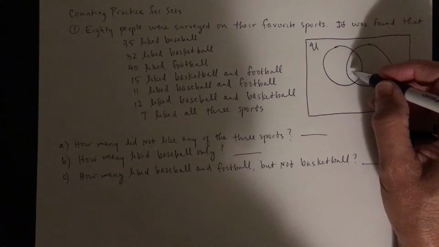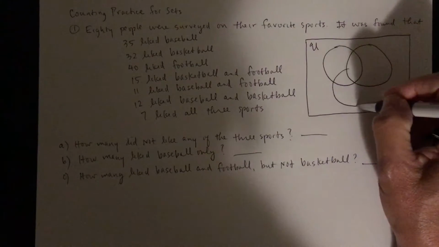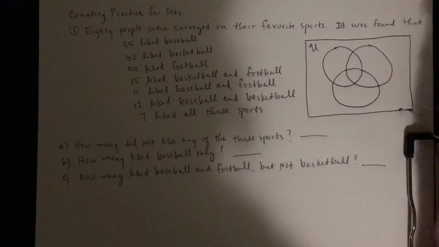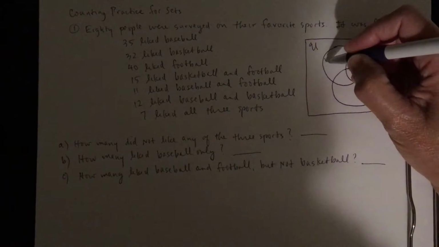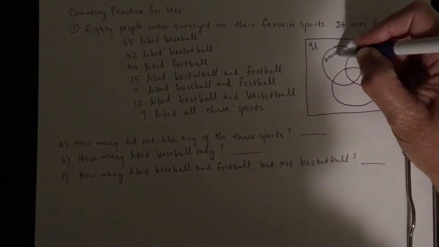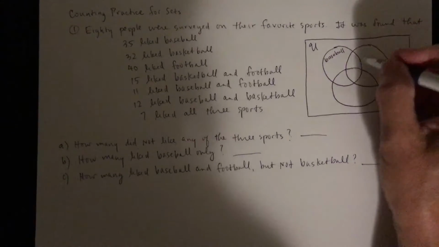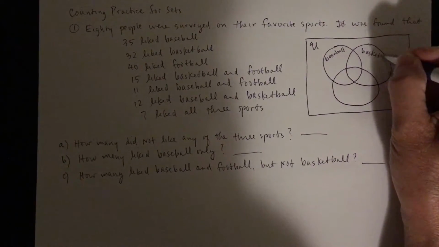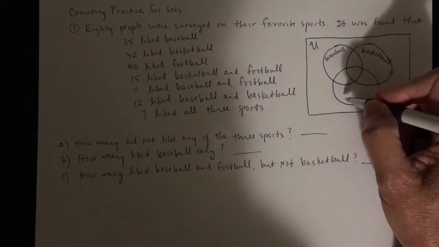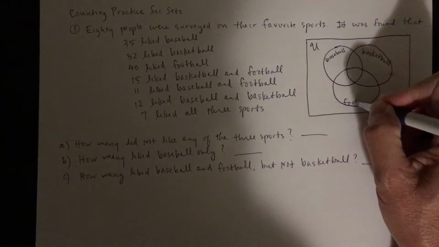I'll call that one basketball. And a circle for the third sport, which is football. I'm going to go ahead and label baseball in the baseball circle, basketball in the basketball circle, and football in the football circle.